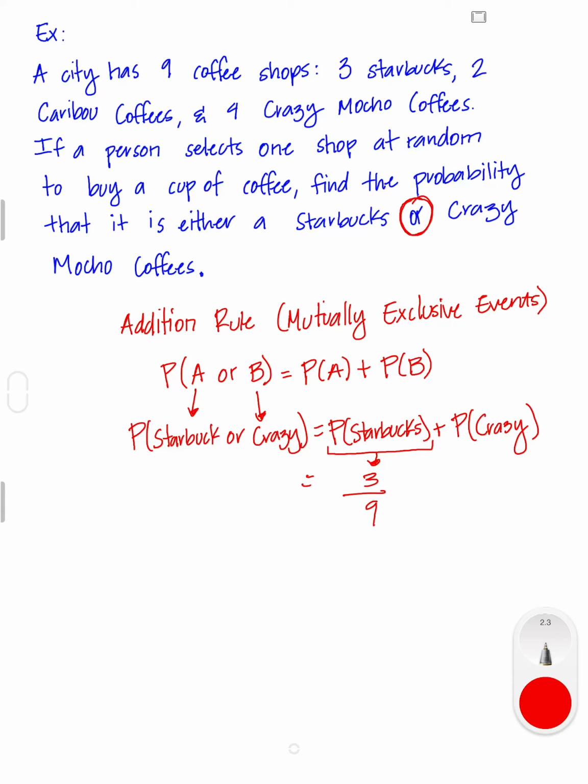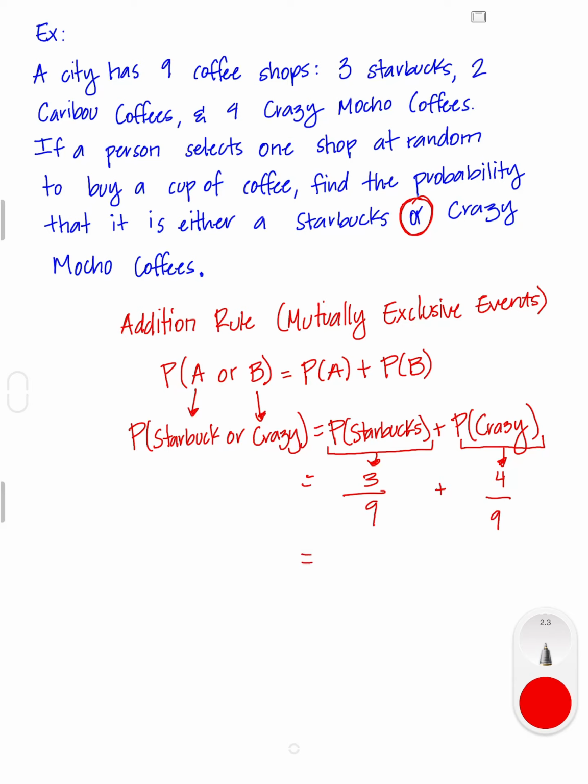So 3 is the number of Starbucks over the total number of coffee shops that are in the city, plus P of Crazy Mocha coffees. We only have 4 of those over 9, right?